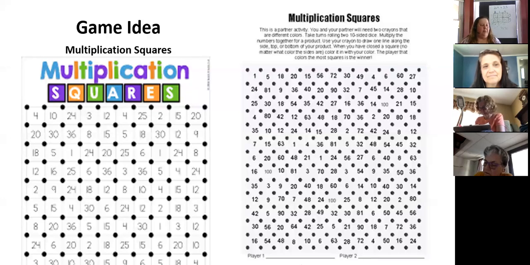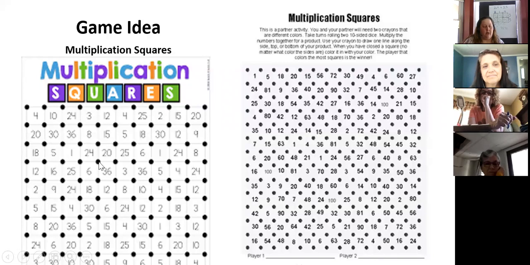You then find the product on the board and you connect the dots just one side of that number. I don't think I can annotate here, on my own board, I can't. So if I have 2 die and I roll them and I get a 5 and a 4, 5 times 4 is 20. So I'm going to find a 20 on the game board. So I found a 20 here.